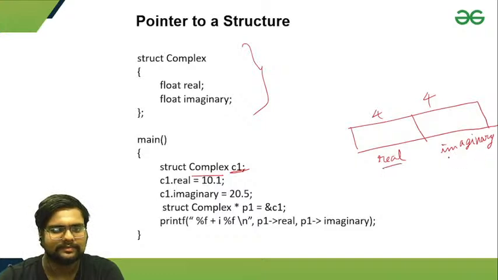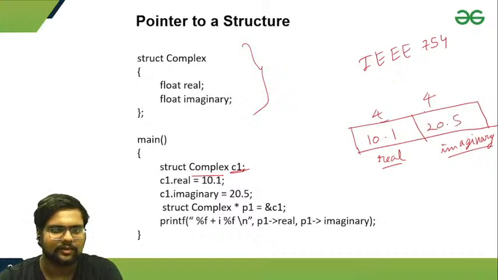Here 10.1 will be present in floating point format, IEEE 754 format, and I'm just writing the value here for now. So this is our c1 variable.